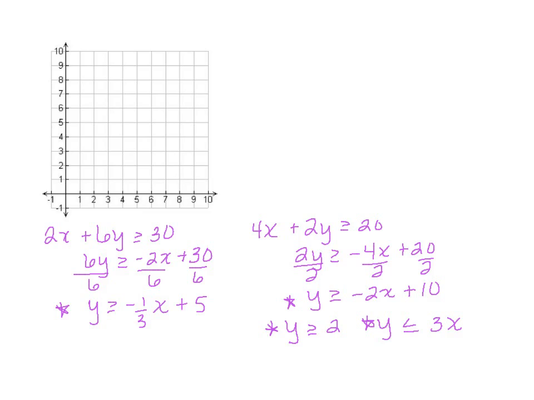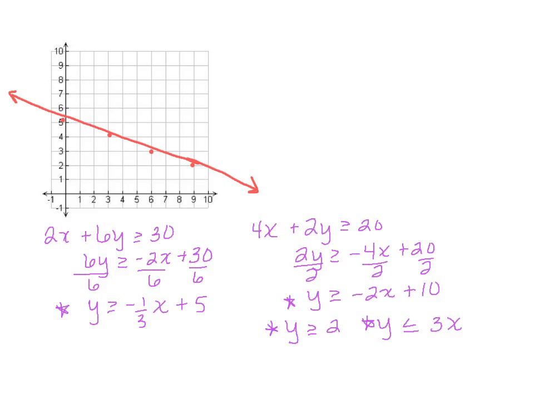So we go up to positive 5, and then we need to drop down and go over 3. And we'll create a nice straight line. And it looks like we want our graph to be on the top side of this since it's greater than.